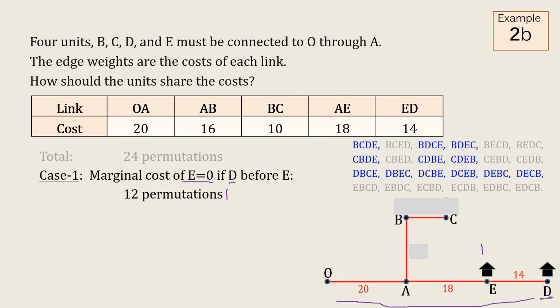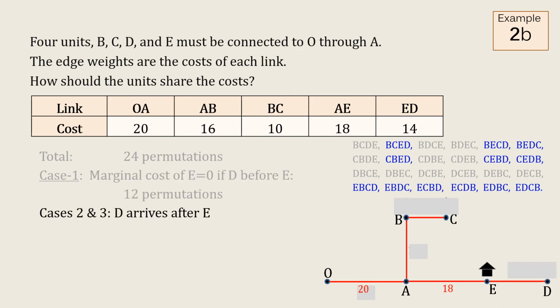Now we'll consider the opposite situation where D arrives after E. When D arrives after E, we don't even care for the cost of this link, because D arrives after E, and E doesn't require this link.